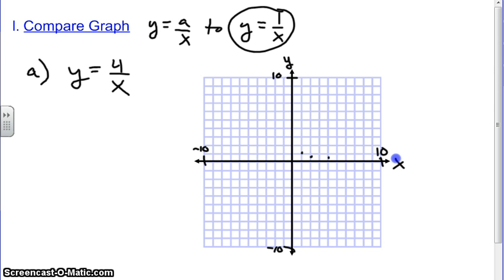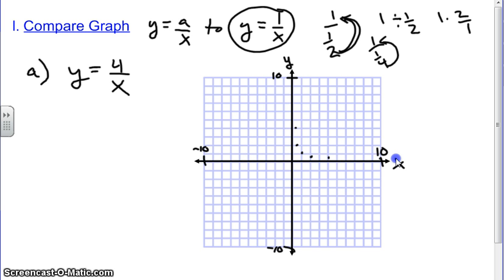If I plug in 1/2, 1 over 1/2 kicks the 2 up to the top, right? 1 divided by 1/2 is 1 times 2 over 1. So the denominator kicks up to the top and we have 2. 1 divided by 1/4 is just 4. And what would I divide 1 by to get a y value of 10? 1/10, right?